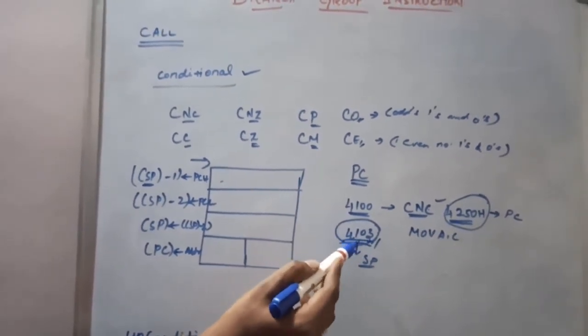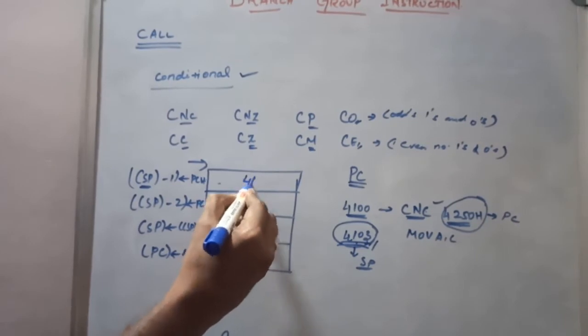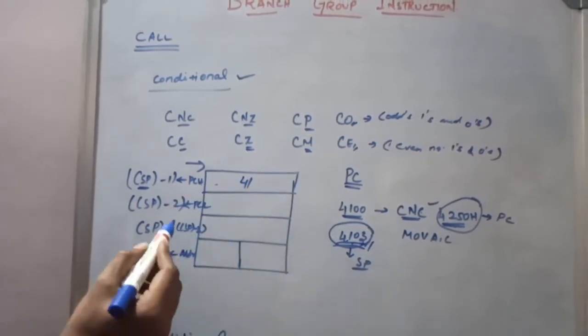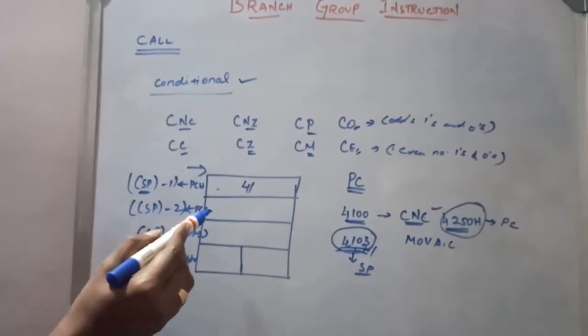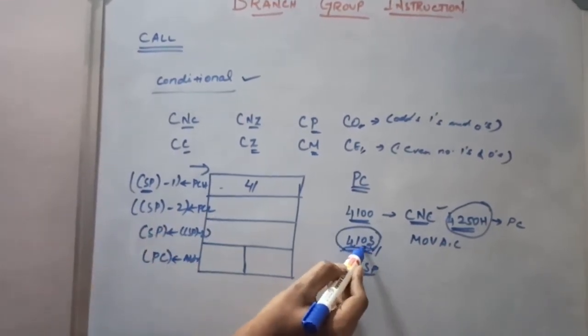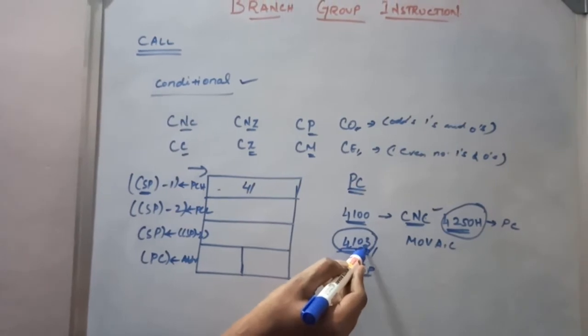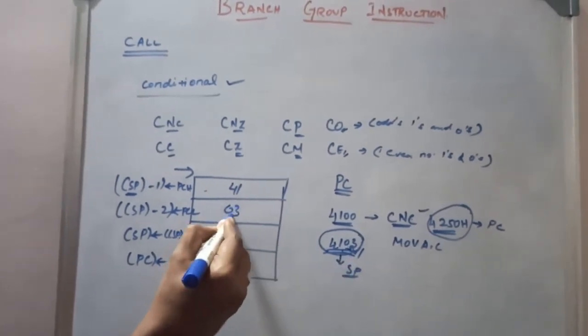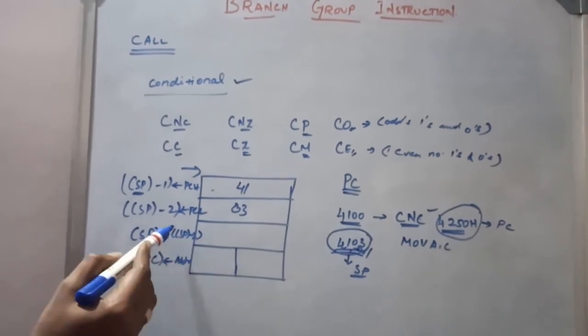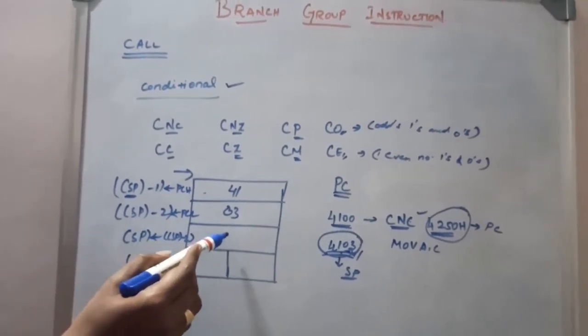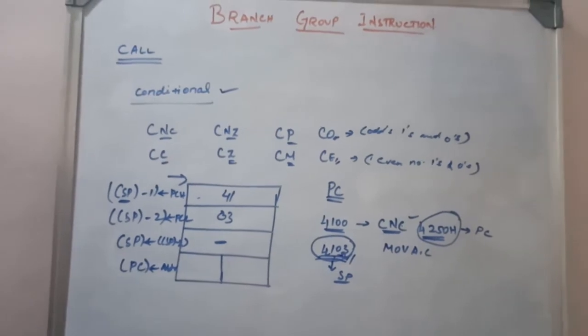In this location, the higher order address 41 is stored. Then you decrement the stack pointer, SP minus 2, and in this location the lower order address 03 of the next executing location is stored. Now the stack pointer points to SP minus 2, the current location of the stack pointer.